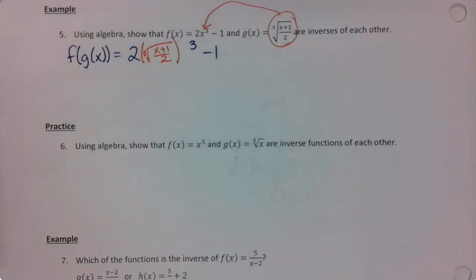And since it's asking me to use algebra, I have to show work. Okay. Guys, be quiet. So, what's the first thing I want to do after I plug it in?